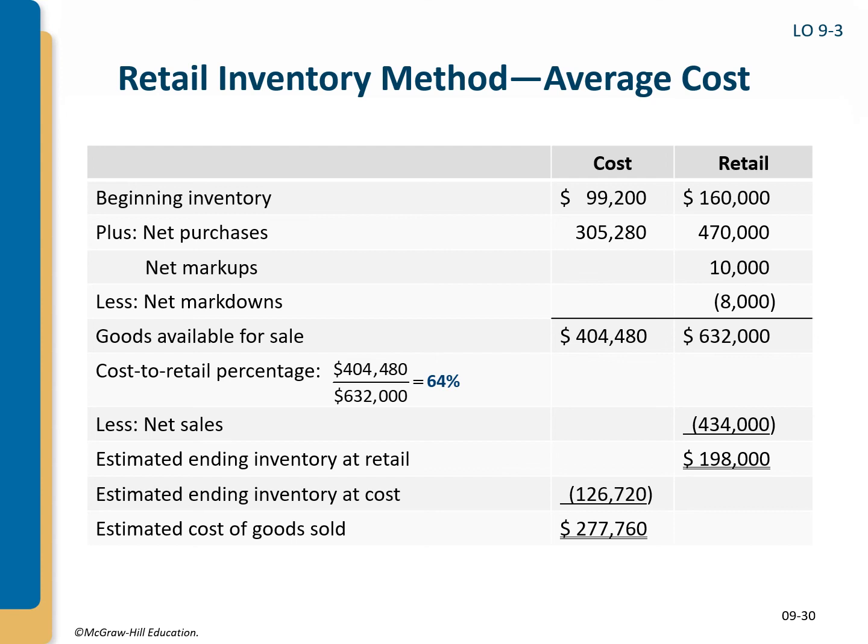Well, if we sold everything, we would have had revenue of $632,000. Well, we sold $434,000 of it. So how much is left? Well, ending inventory at its selling price is $198,000. We don't do ending inventory at selling price, we do it at cost. We'll multiply that $198,000 by 64%, and that's the cost of our ending inventory.